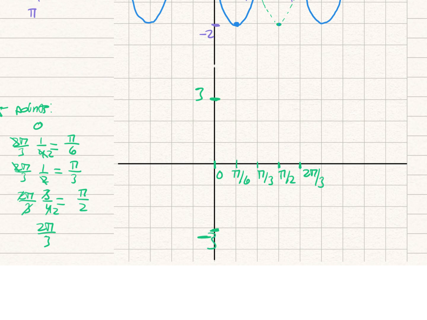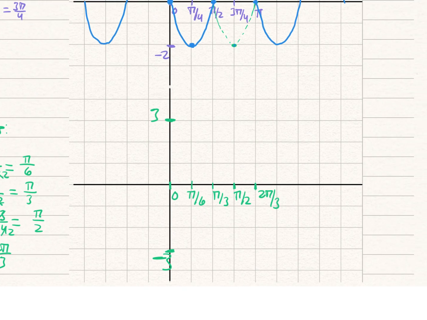All right, and then I'm going to graph one sine cycle. Sine is always going to start in the middle. It's going to go up, down, down, up. All right, so it's going to look something like this. All right, so this is one cycle using my 5 points, my period, and the amplitude.